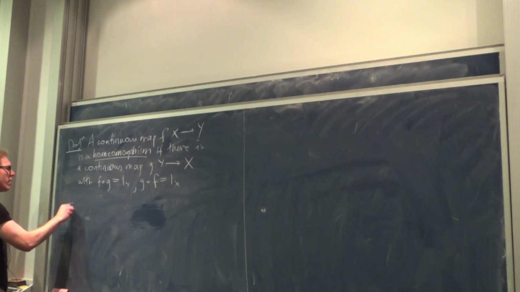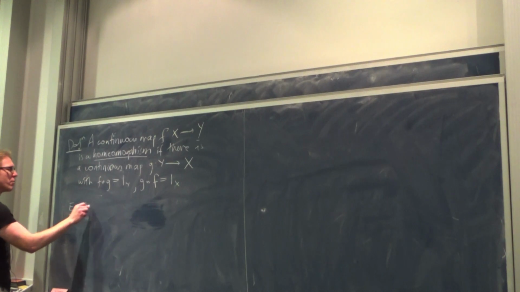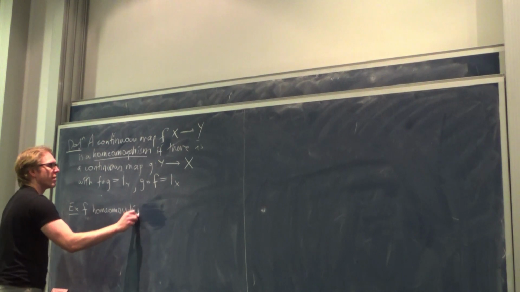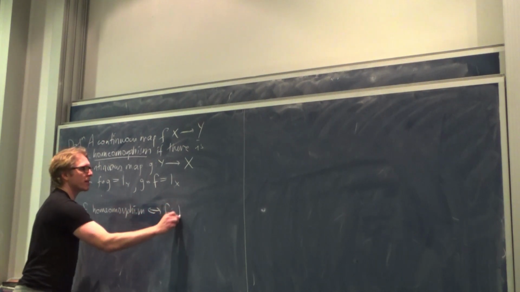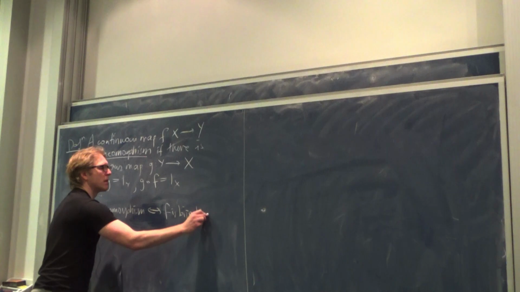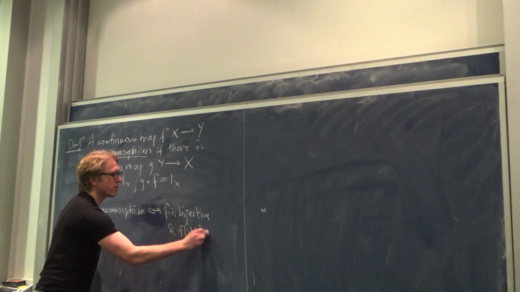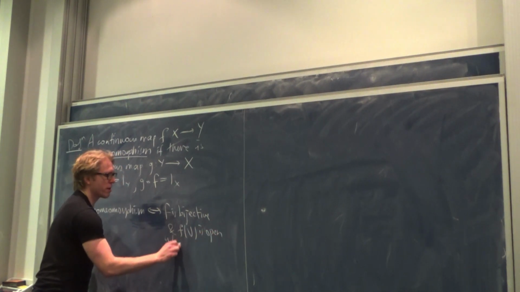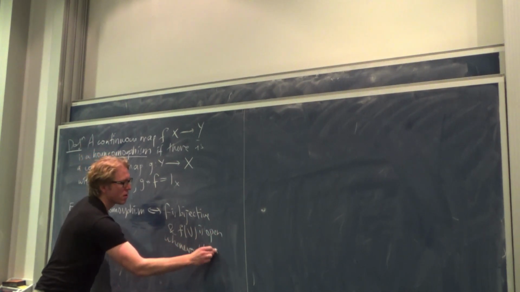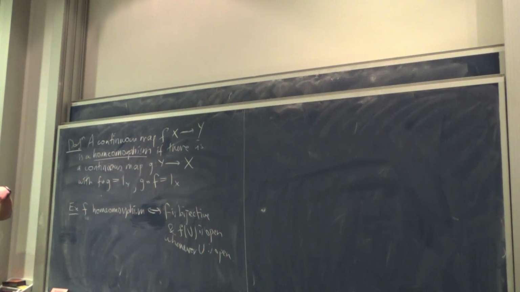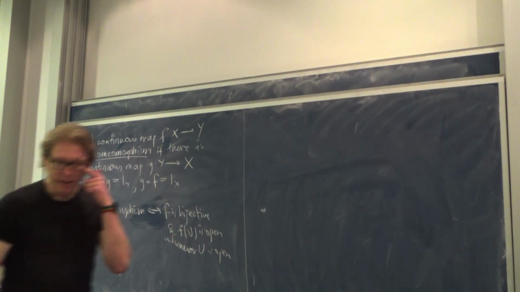So it's sort of easy to see that f will be a homeomorphism if and only if f is bijective and f is called open, which is to say f(U) is open whenever U is open. And if you think about it, saying that f sends open sets to open sets in that way is precisely the statement that the inverse function is continuous. Okay. So that's a homeomorphism, and that's the appropriate notion of two spaces being the same.